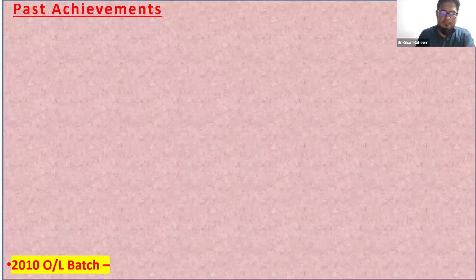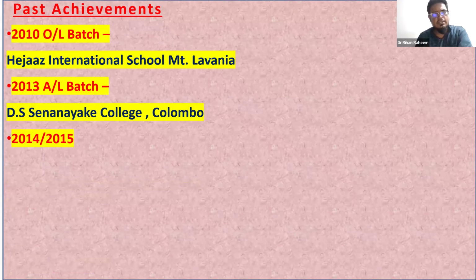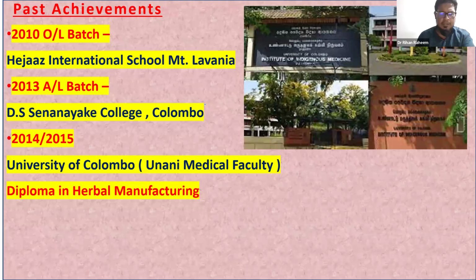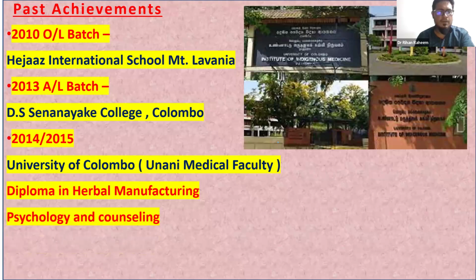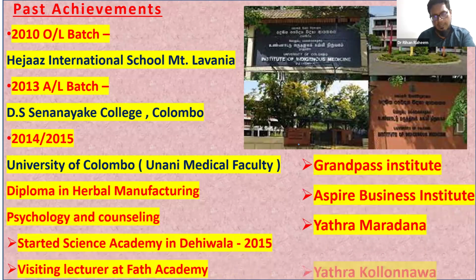I went to Hijaz International School until my O-level. It's an international school. And then for my A-levels, I went to DS Senanayaka College. Soon after my A-level results came, I entered the University of Colombo, Ayurvedic Unani Medical Faculty. Now I am a pass out from that, and I have my own clinic in Dehiwala.